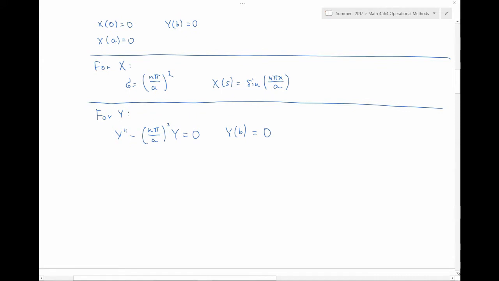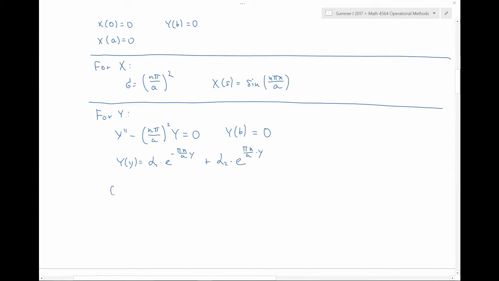Just as before, this leads to two solutions for y. That's alpha 1 times e to the minus pi n over a y plus alpha 2 times e to the positive pi n over a times y.